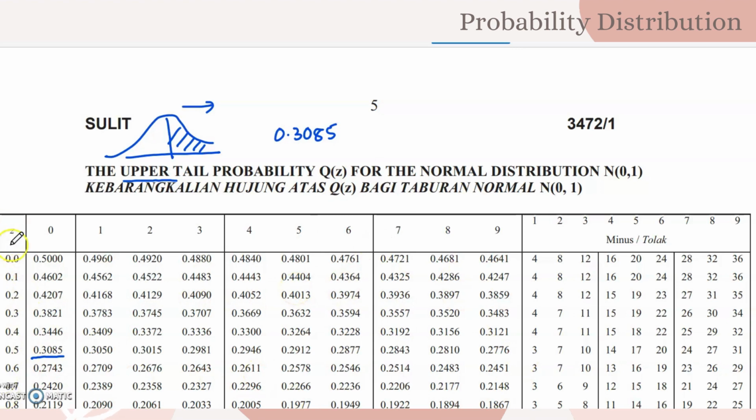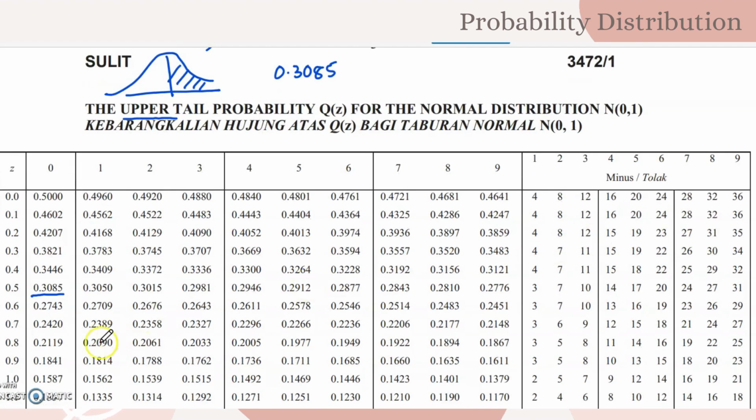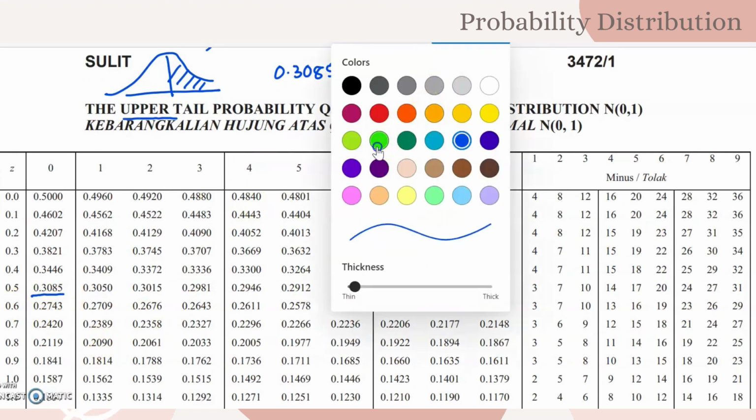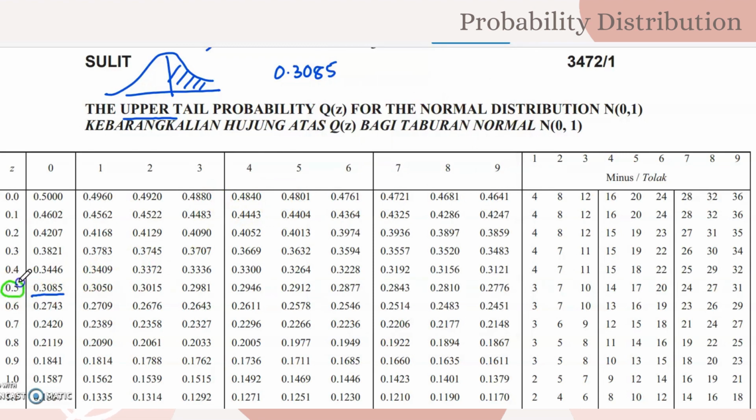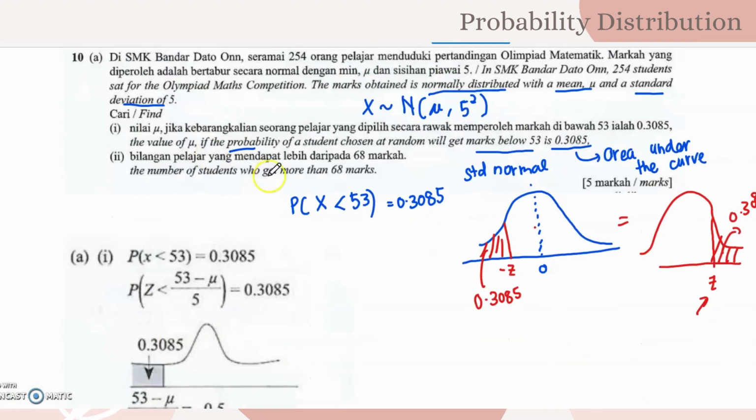The outside values are the z-score. This is the decimal places, and this one is also decimal numbers for the z-score. So for 0.3085, we can see it is 0.5, so the z-score is 0.50. Writing the 0 is not needed.